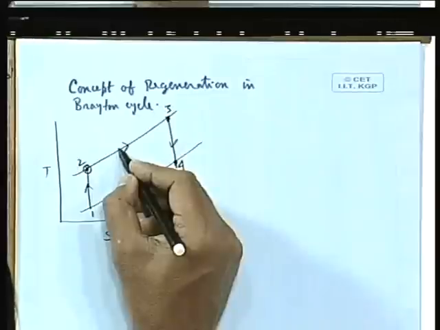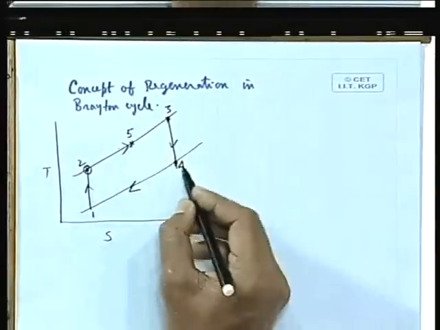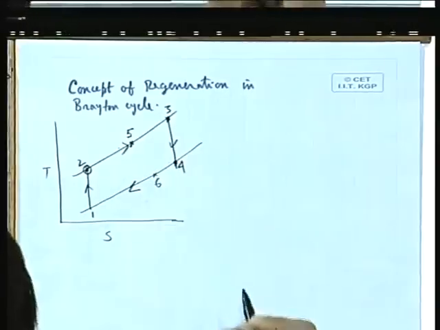How? If we increase the average temperature of heat addition in this way: this is the state of air at the compressor inlet, and before entering the combustion chamber or the heat exchanger in a closed gas turbine plant, it is heated by the hot fluid coming out from the turbine to a temperature of, say, some state point 5, by which the gas which exchanges heat comes down to point 6.